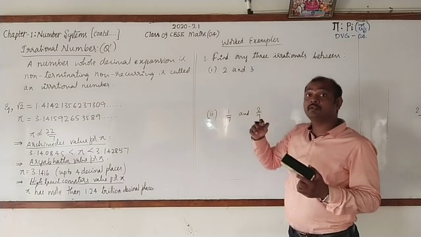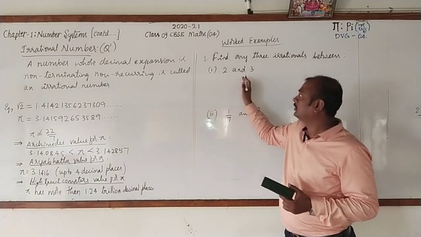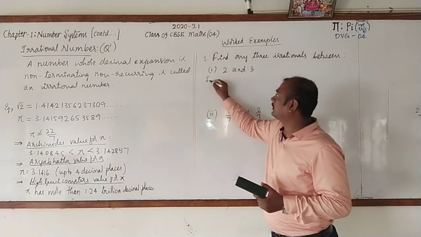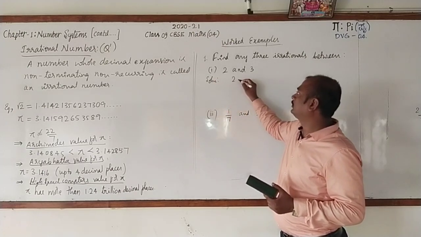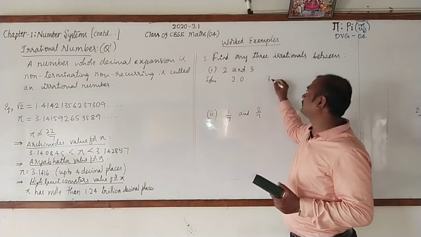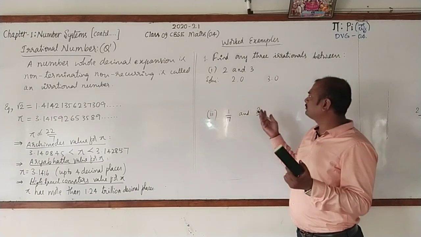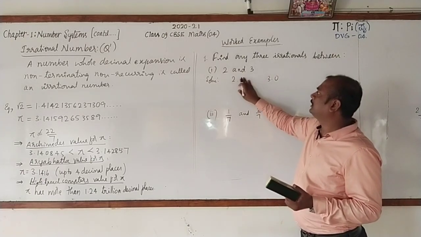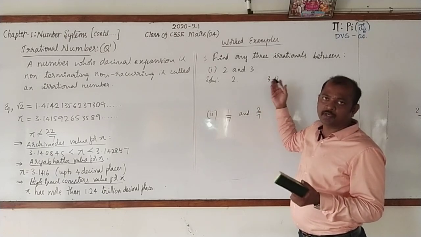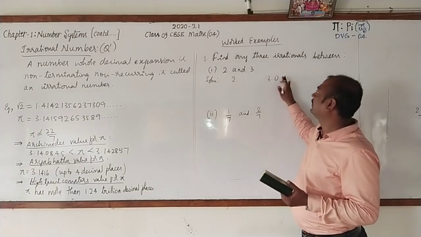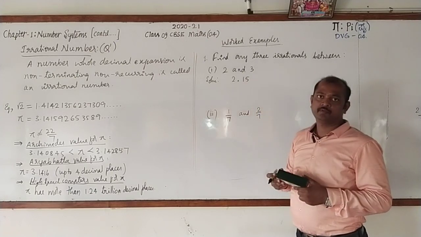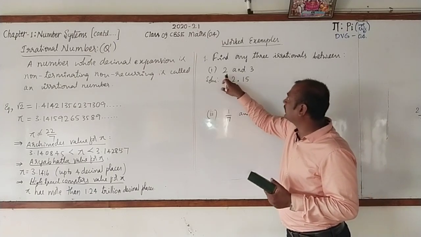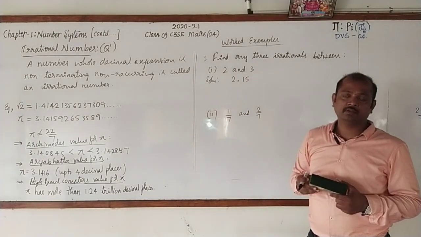We have to write irrationals between these two. So now, can we write 2 as 2.0 and 3 as 3.0? Yes. Between them so many are there. It may be 2.1, 2.2, 2.3 like that. Many are there. I take 2.15. 2.15 lies between 2 and 3.